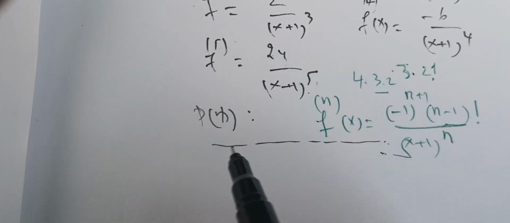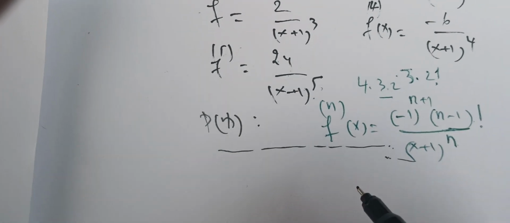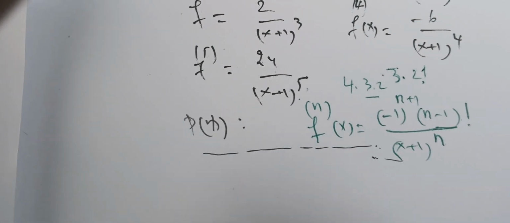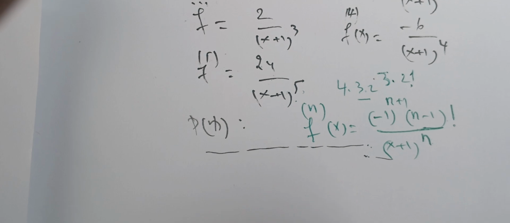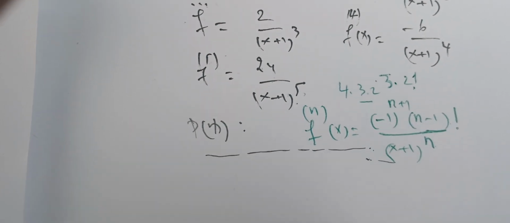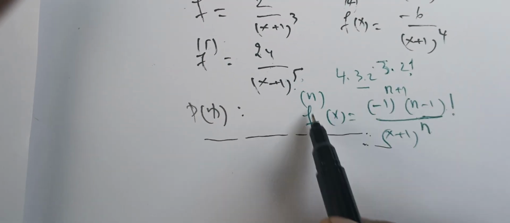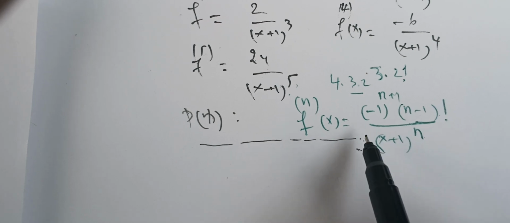This one is true for n equals 1. We checked it. We assume that it's true for n, and we prove that it's going to be true for n plus 1. This is the induction hypothesis.